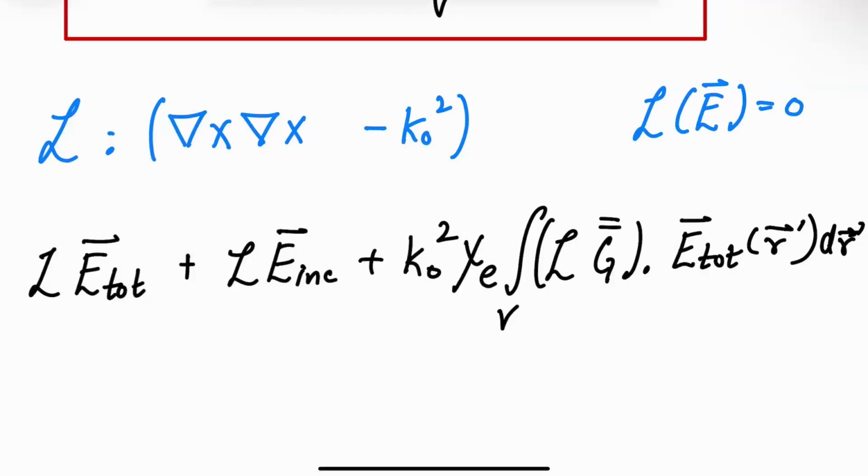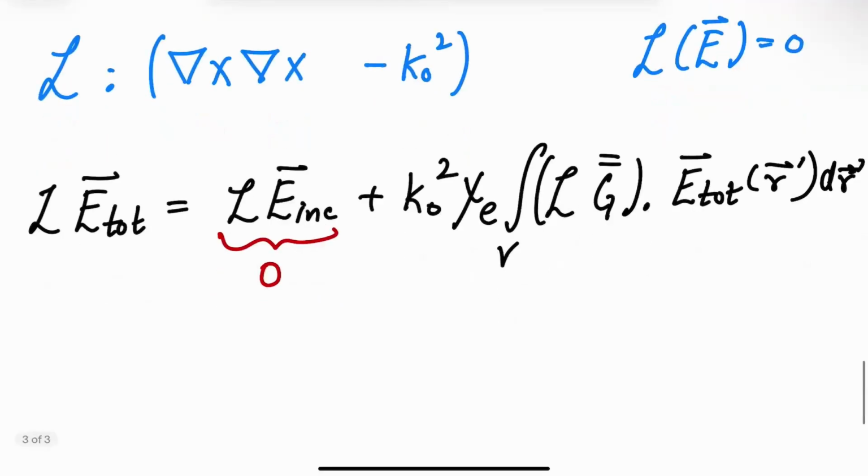Okay, so now we can make some simplifications. Before I do that, let's take this here. This is nothing but 0, right? Because we defined the incident field as a field everywhere in free space, so it satisfies the free space wave equation. And this is the identity matrix times delta of R minus R prime. That's the definition of the dyadic Green's function. It satisfies the wave equation with this delta function on the right.